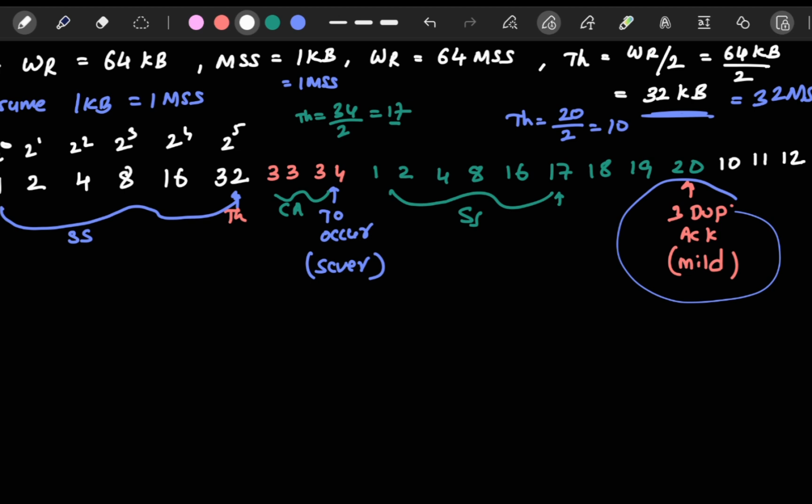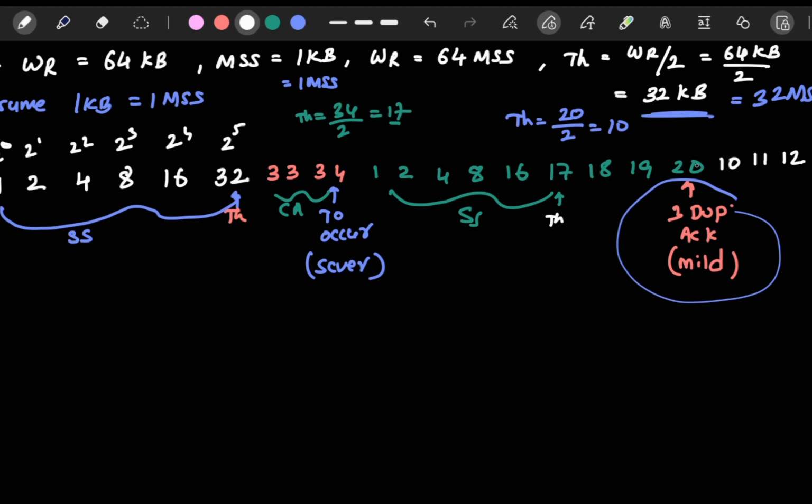So remember this: we are in the slow start phase, and suddenly we hit the threshold, after that it will get into a linear phase, right? Then in linear growth, after 20 it would be 21, 22, 23, like this. But suddenly there is a mild congestion detection, that is 3 duplicate acknowledgements.